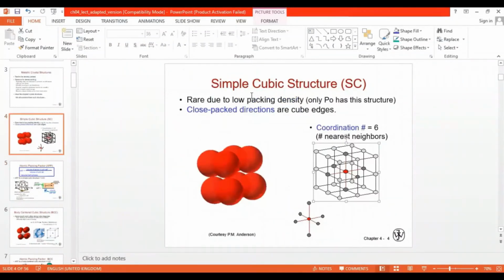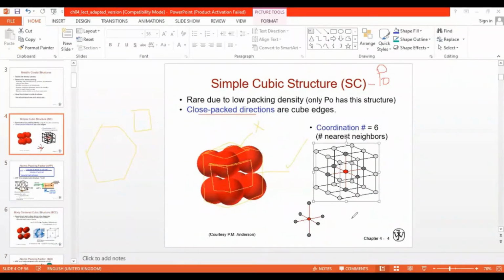Rare due to low packing density. Only Po has this structure. So this simple cubic structure exists only in polonium. Close pack directions are cube edges.